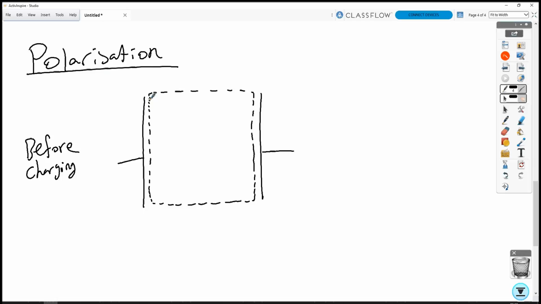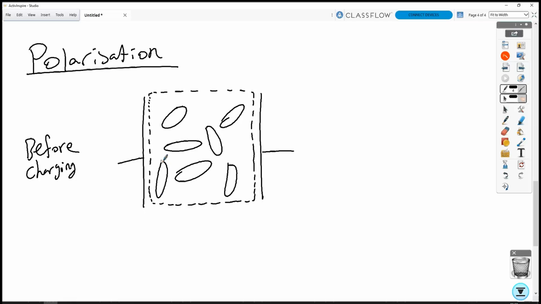So the dielectric molecules are dipole molecules. So they could look something like this, with one end positive, one end negative, randomly distributed. Like so.